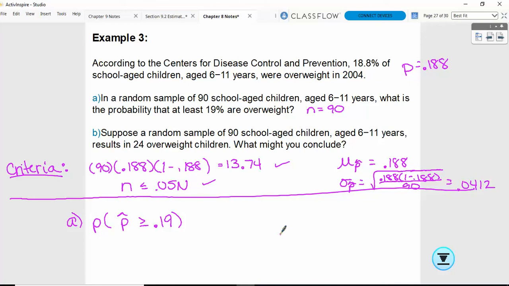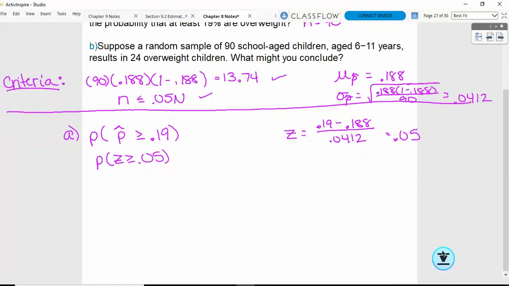What do I have to do? Find the z, just like yesterday. So z is our value minus the mean divided by standard deviation. How do we find greater than?